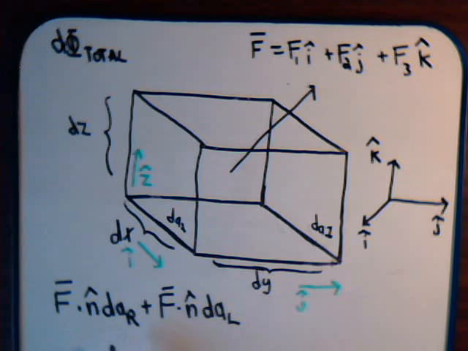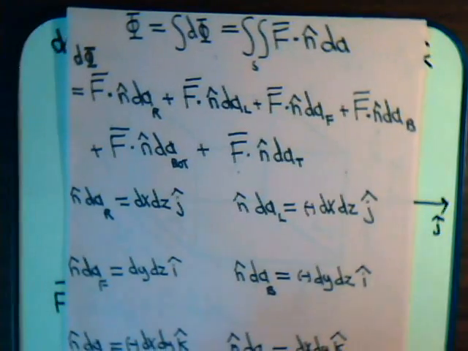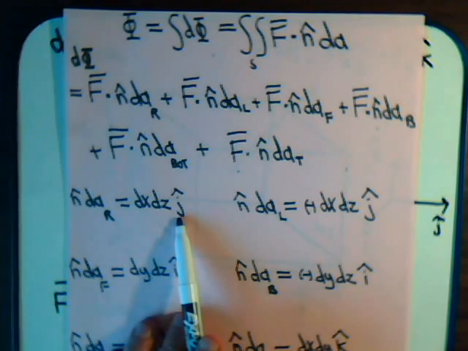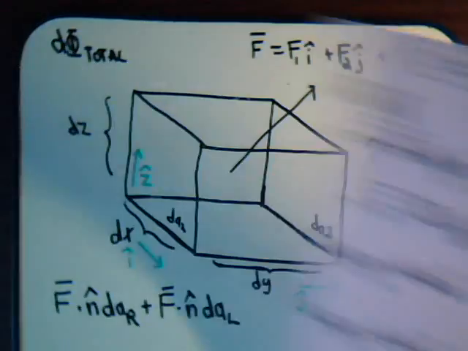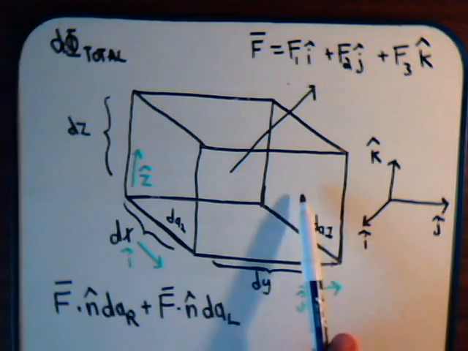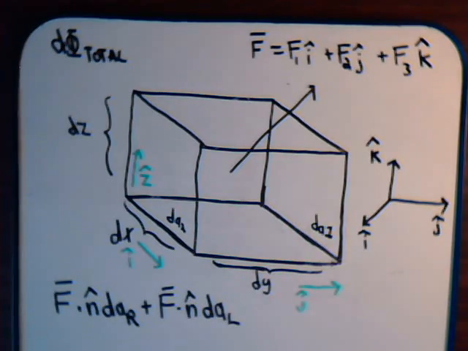So let's consider this. What is dA right? As we'll see, that's just dx dz times the unit vector j. Dx dz and the unit vector j would be perpendicular to that face.